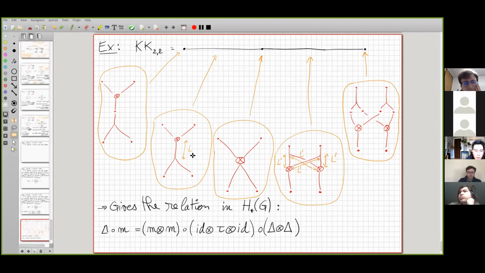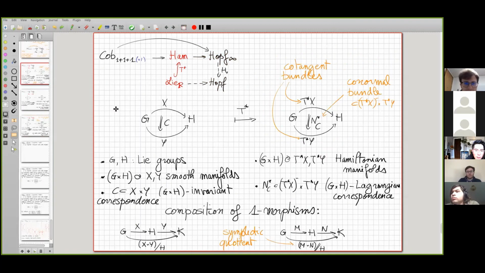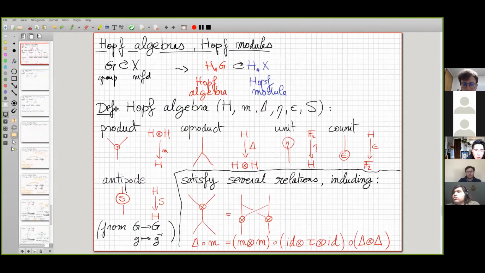For example, you could look at a picture like that to see how the product and the coproduct interact. If you compose the product and the coproduct this way or this way, you'd like to see a relation like that, but at the homology level.